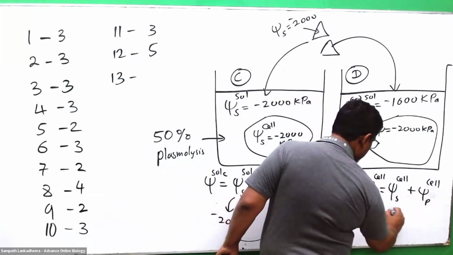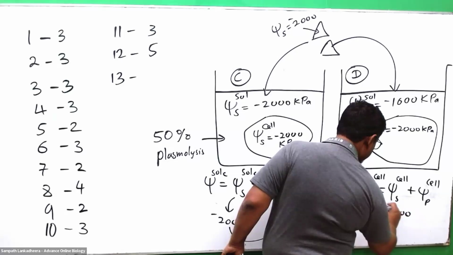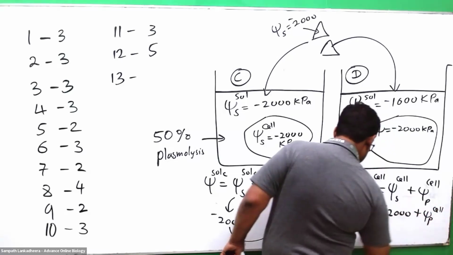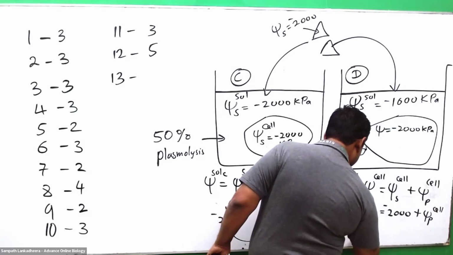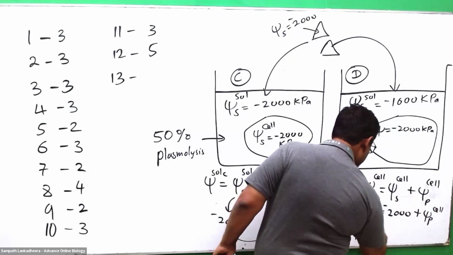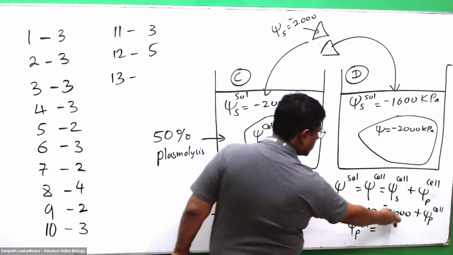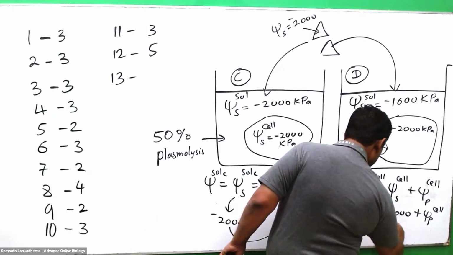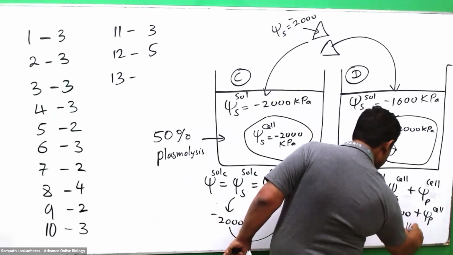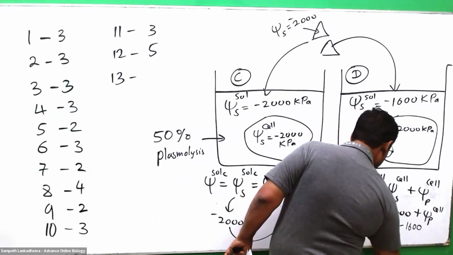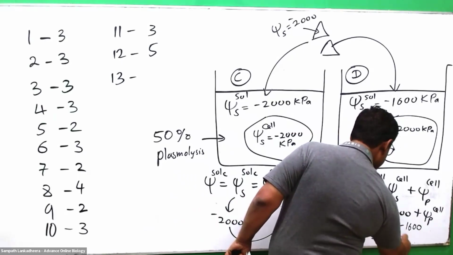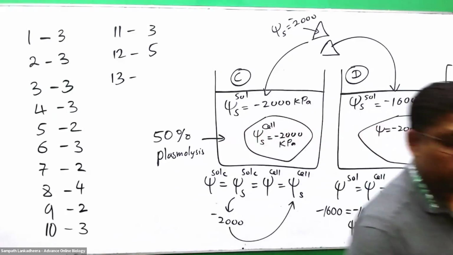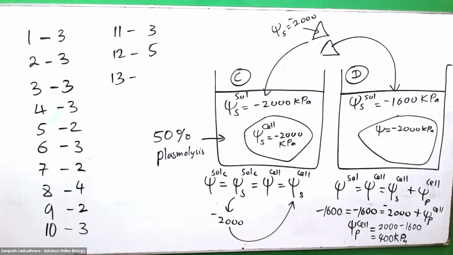So the solute potential value is minus 2000, and psi p you have to find. You bring this 2000 to this side, it becomes plus 2000. So plus 2000 minus 1600 is 400 kilopascals.